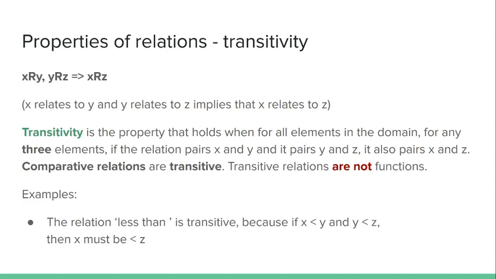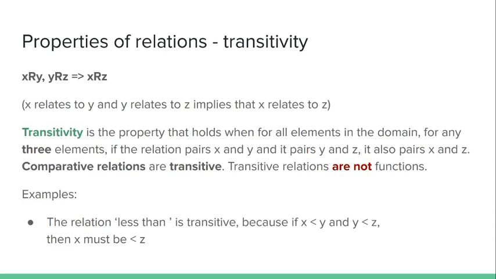Comparison relations are transitive. Note also that transitive relations cannot be functions, because for any particular input, there will be more than one output. So for example, if 1 is less than 2 and 2 is less than 3, then 1 is also less than 3.